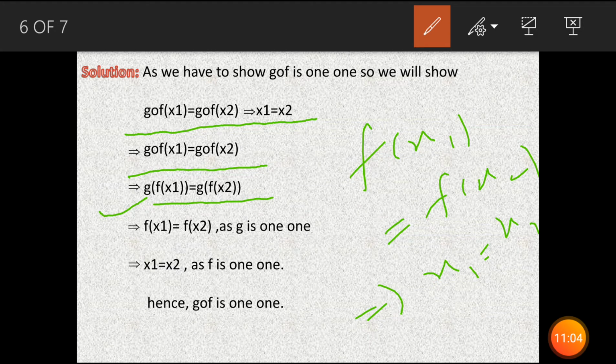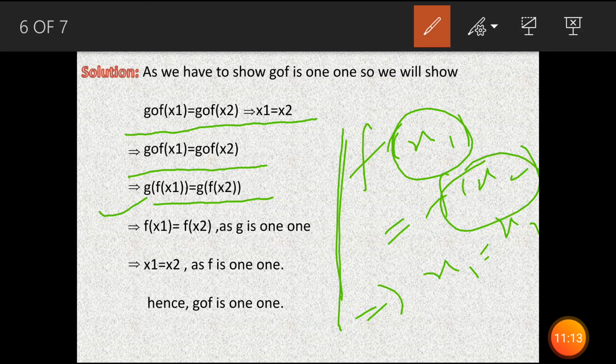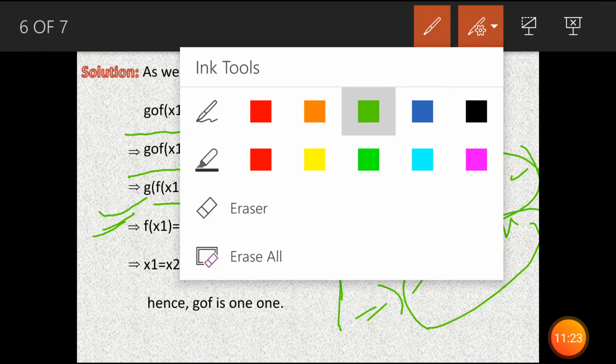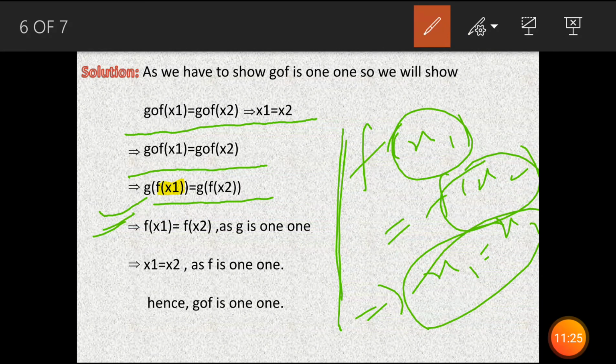Here, pay attention: if f(x1) equals f(x2) and f is 1-1, then whatever is inside becomes equal, that is x1 equals x2. As it is given that g is a 1-1 function, the inside values f(x1) and f(x2) become equal. Why?